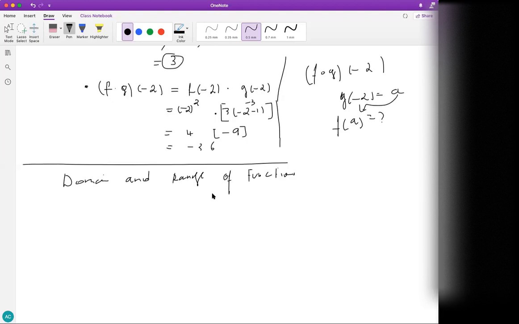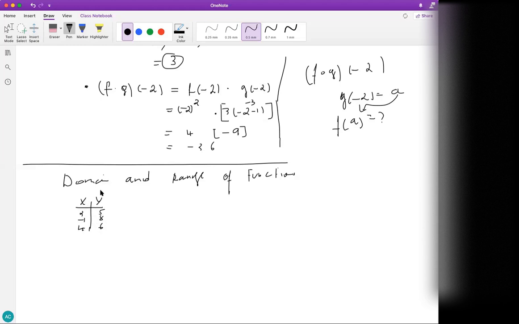So we saw before there are a few ways to write functions or the results of functions. The first one we saw was a table. When you have x, you can have a column like this, x and y. Let's say 2, -1, and 4. Maybe 5, 8, and 6.